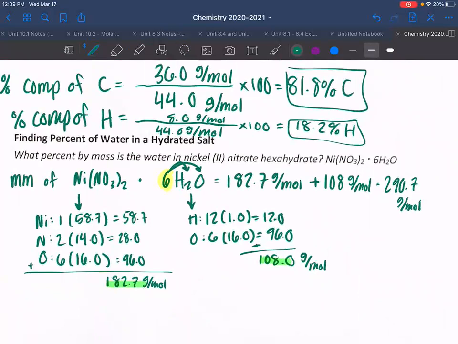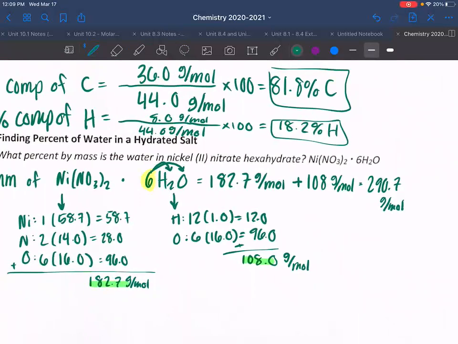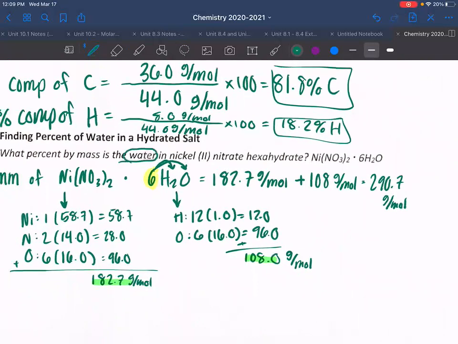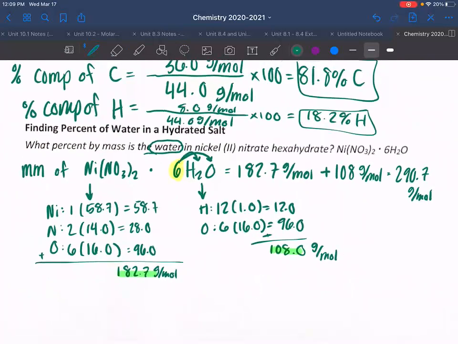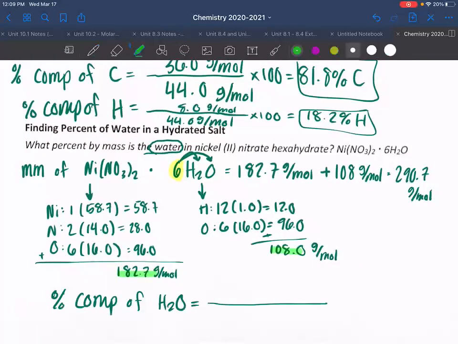So these questions only ask about the mass of the water, so we only have to do 1 percent calculation. So we're looking at the percent composition of water. Where does the number that we just calculated go? On the top or bottom?